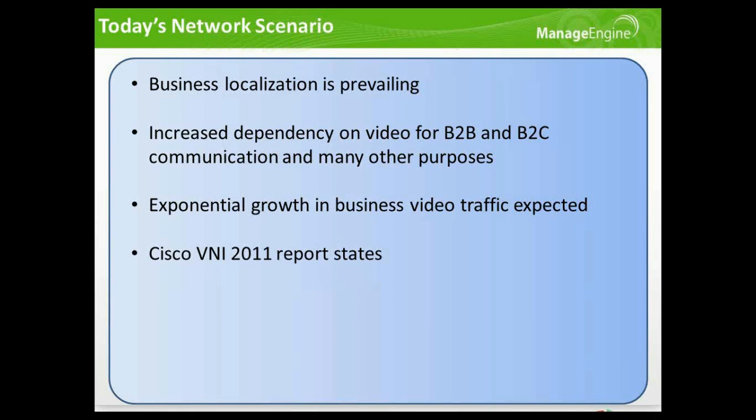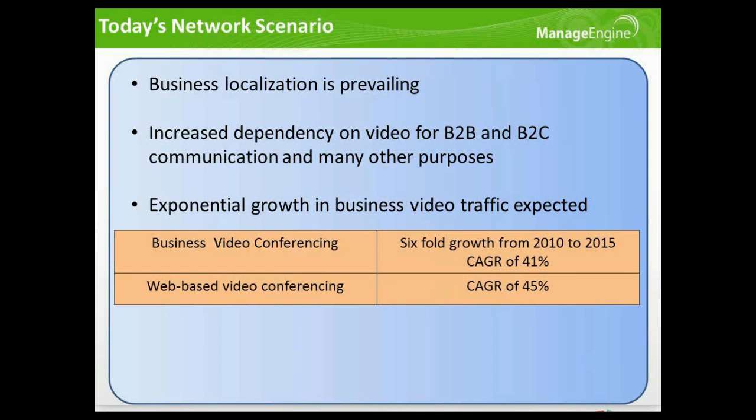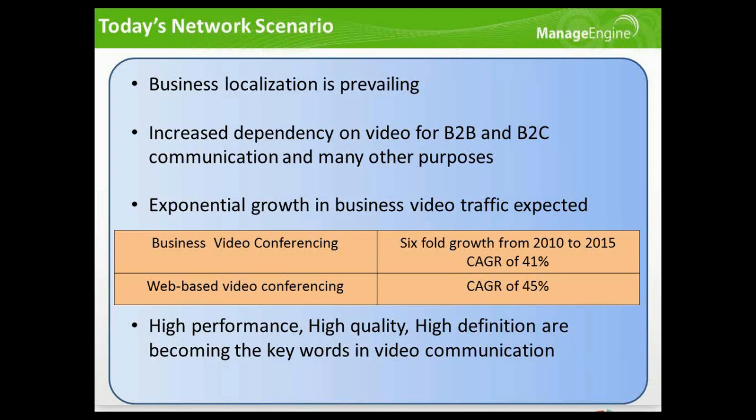The Cisco Visual Networking Index for 2011 predicts that business video conferencing will grow six-fold, a compounded annual growth rate of 41%. Now imagine how much video traffic this will be when the total volume of business IP traffic by 2015 is going to be 10,000 terabytes. Now add factors like demand for high performance, high quality, and high definition video, and you can imagine how important the performance of video communication will be to a network.